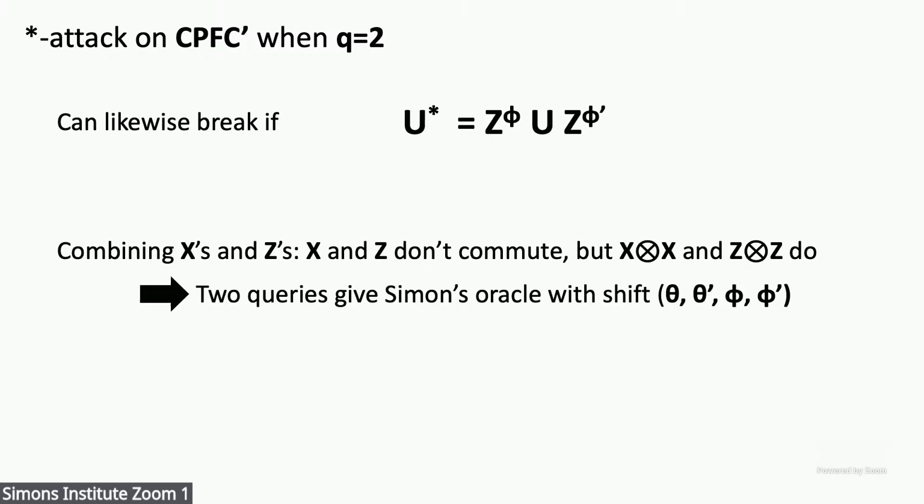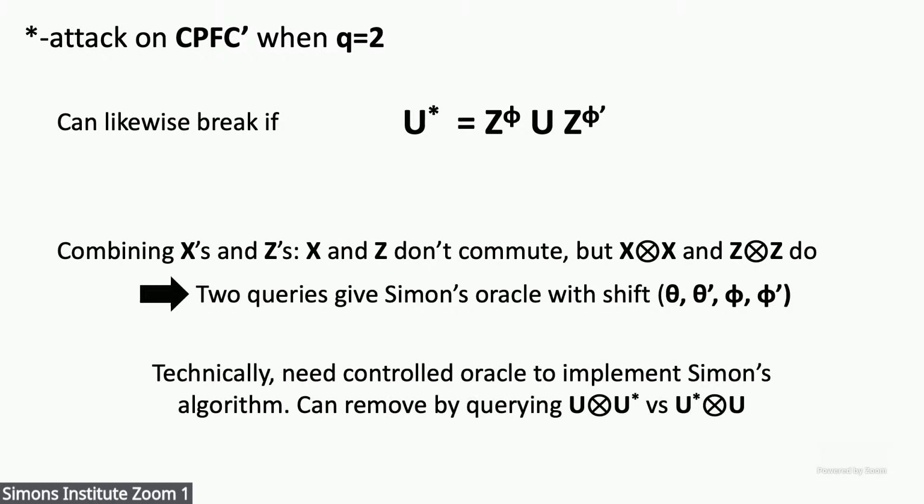Because when you commute, you just pick up a minus sign. So if you do it twice, you cancel out. And what that means is you can basically make two queries to U, two queries to U star, and you actually do get a Simon's oracle if you take the tensor product of U with itself and U star with itself. And that allows you to then get a Simon's oracle, and then you can compute these shifts.